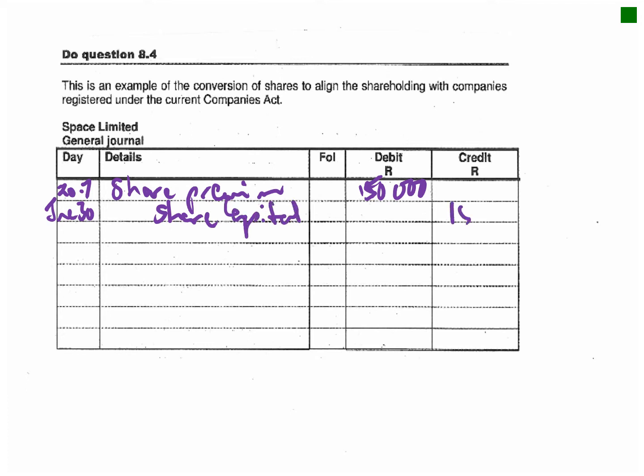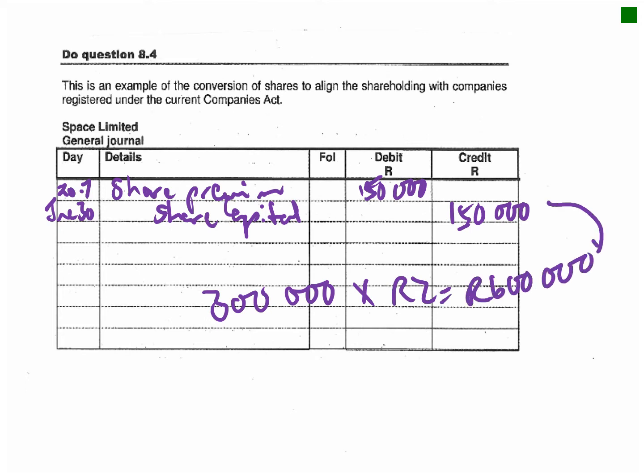So remember, the share capital account already had a balance of 600,000 Rand, which was our 300,000 shares times 2 Rand each. Now we're adding to that this share capital amount of 150. So that means our share capital account will now have a balance of 750,000 in it.